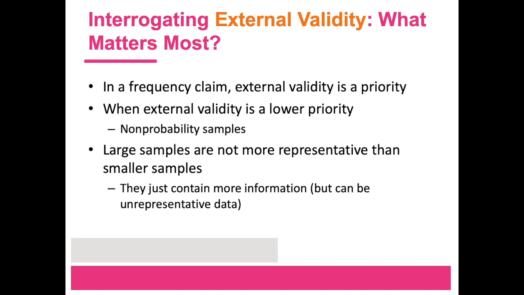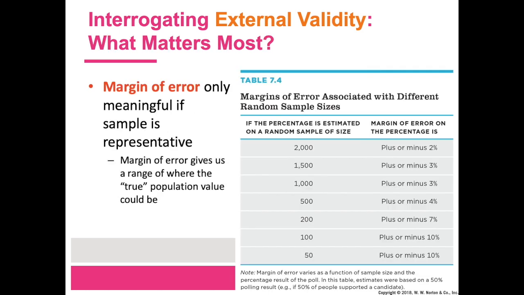It'd be a huge sample, that's like 2 million people. But does that represent the East Coast? Does it represent the West Coast? Probably not. So just because you get a big sample, it doesn't mean that it's more representative. It does, however, mean that you do have more information, but that information can be biased.